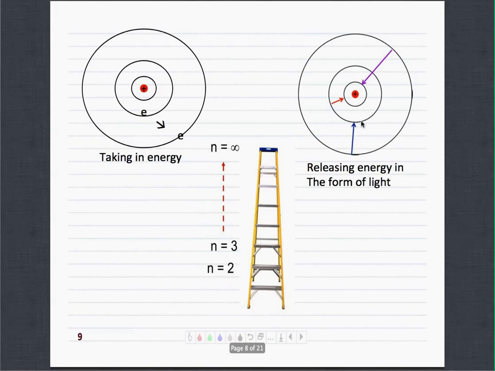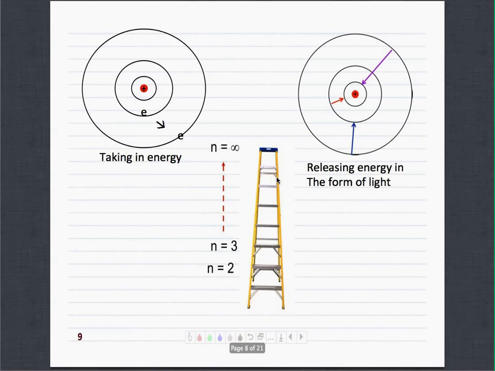Okay? Now, the way that the electron transits from one level to the other is quantized, so it does it in the form of integers. It's the same way as when I go up this stair. I go step 1, step 2. There is no half step. I can't stay in a half step for long. I'll just go back to step 1. And this is what happens also for the energy in the atom.